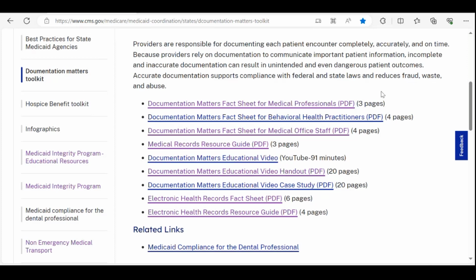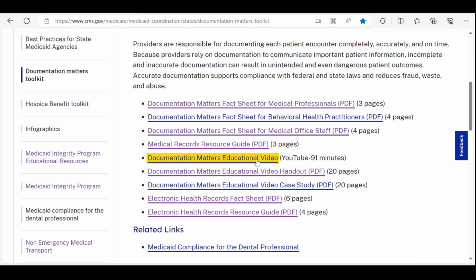So if we go over these multiple PDFs, the first one is specific for medical professionals. The second is a fact sheet for behavioral health practitioners, and the third is for medical office staff. This fourth PDF is super helpful as it lists multiple resources that providers can leverage, again, for more information.